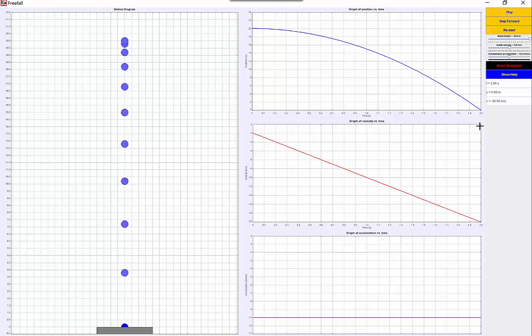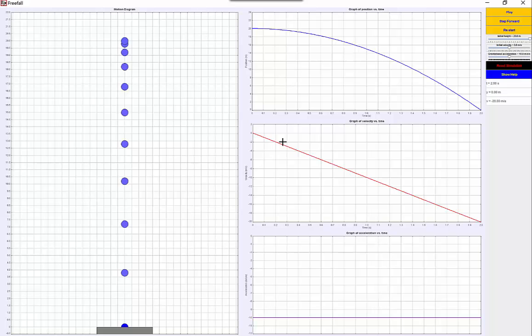It is under a constant acceleration, which means that the velocity will change at a constant rate. And if we look carefully here, it starts at 0 and it goes down to a negative 20 meters per second in 2 seconds. Now, if we get the slope of position versus time, we would end up with our velocity versus time.